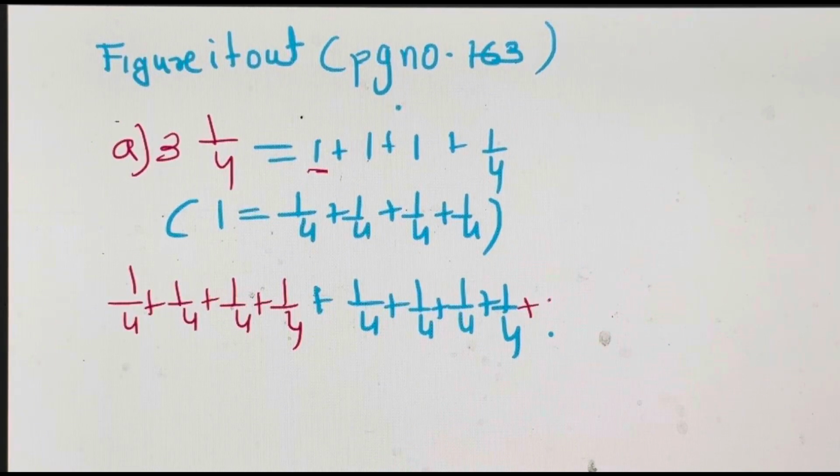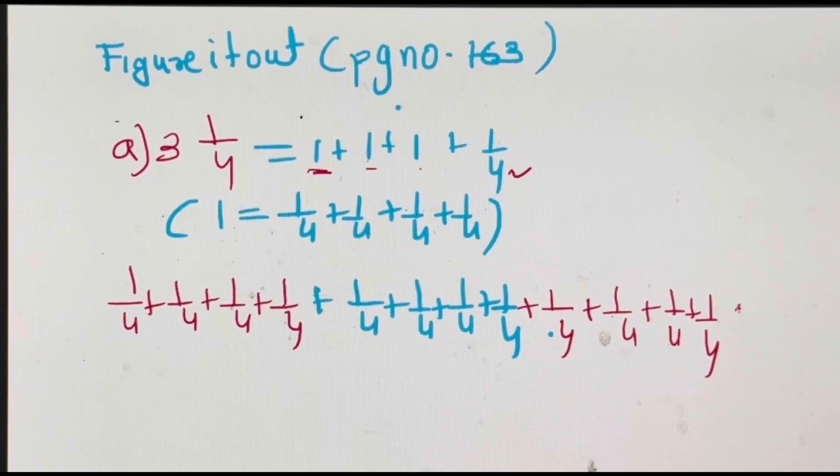Then, because we have 3 wholes, 1, 2, 3, for each I am writing 4 times 1 upon 4. And the last one, which is extra, we write here as 1 upon 4.